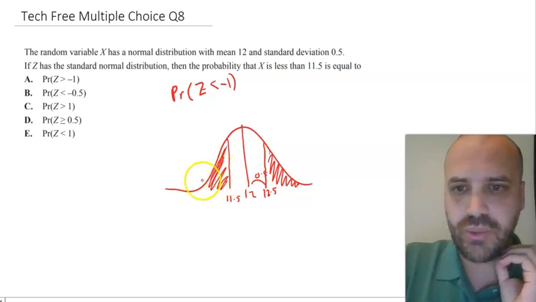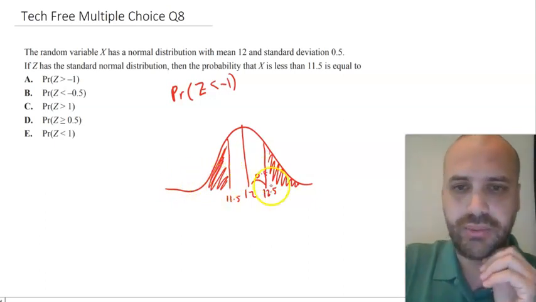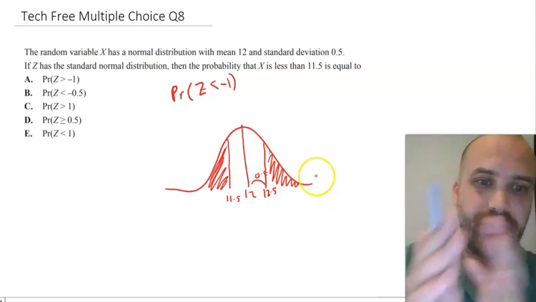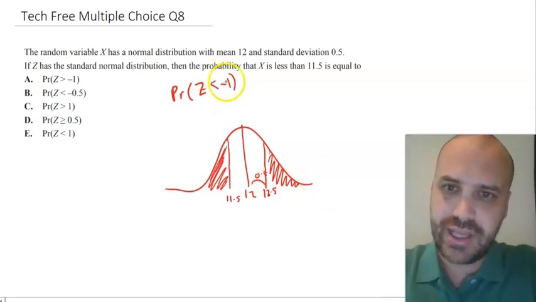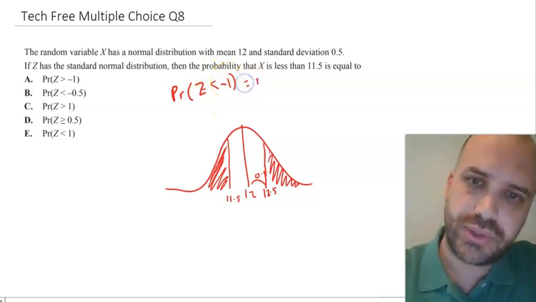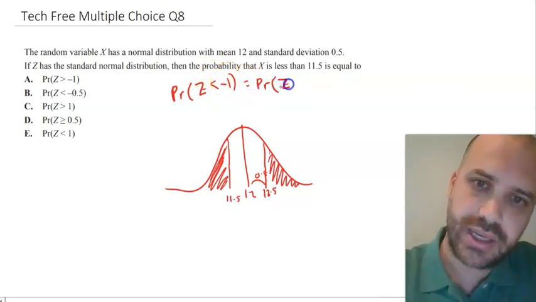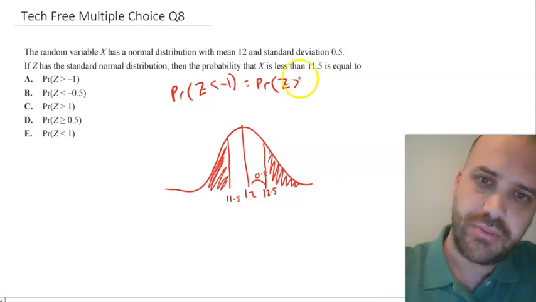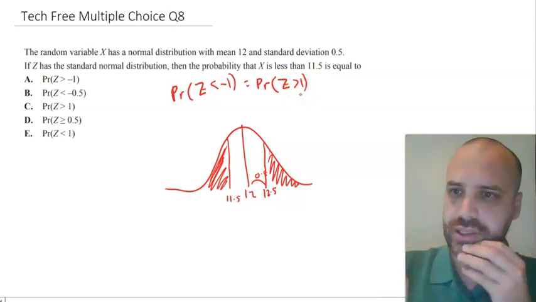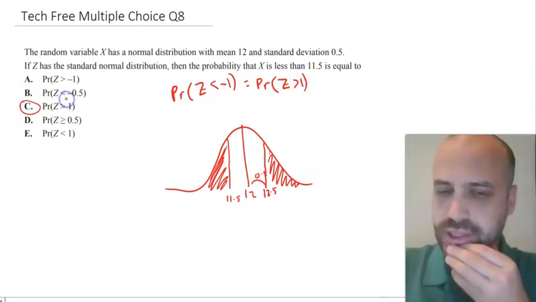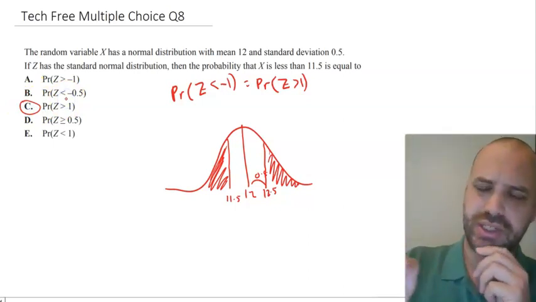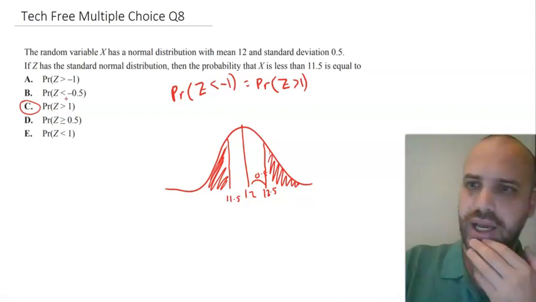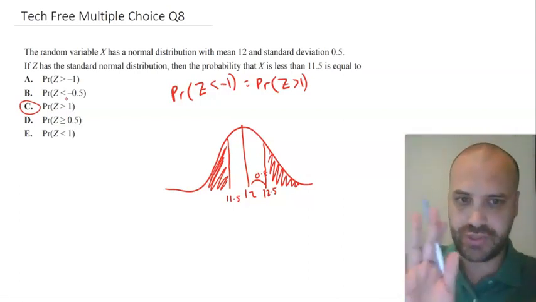Because I'm one standard deviation below and one standard deviation above. Symmetry. So I can say that the probability that Z is less than -1 is equal to the probability that Z is greater than +1. Is that in my list? Yes, C. Really clever question here because it tests your understanding of normal distributions and that sort of symmetry idea.